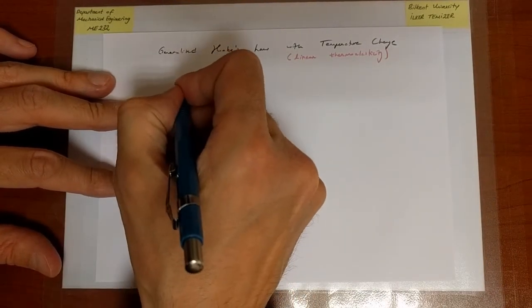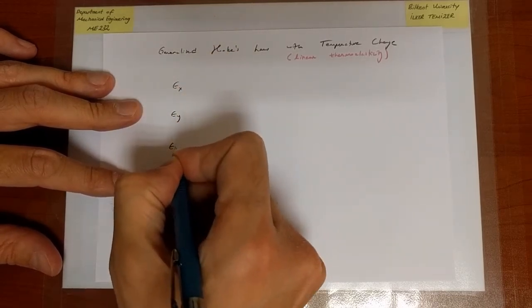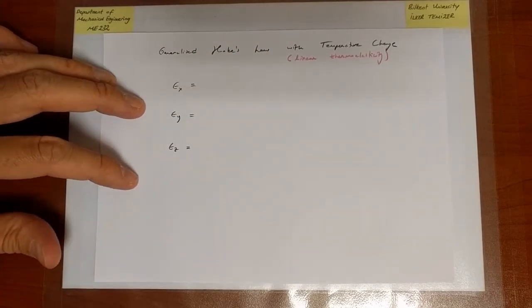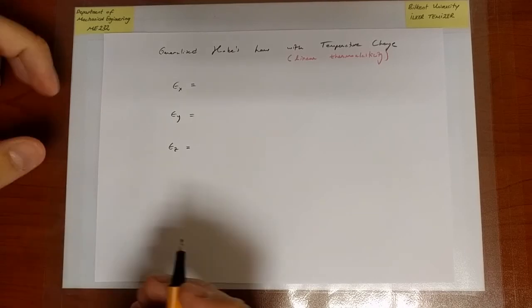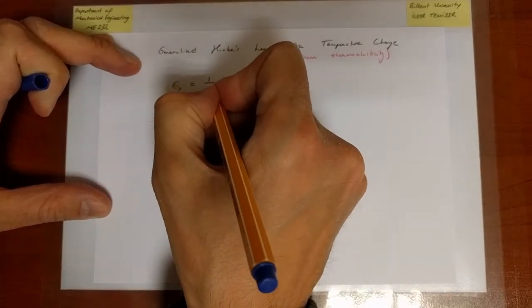Well, the way it will apply is, first I think about the strains, and I think about the case when I would have only mechanical loading. If I have only mechanical loading, I know what to do.